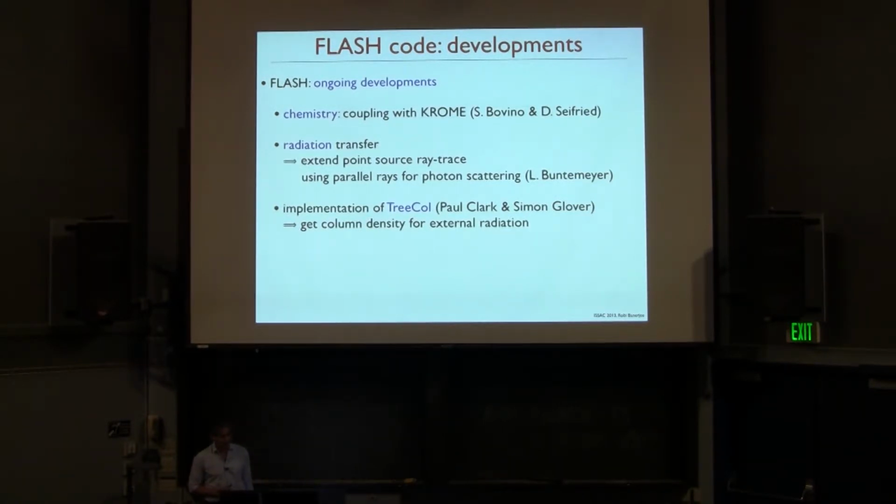Then there's an ongoing development on the radiation transfer, and we were talking about this yesterday. We are probing whether we can also account for scattering if we extend this ray tracing approach we were talking about to what is called parallel rays, and sweep the entire grid with multiple angles of parallel rays to account for photon scattering.